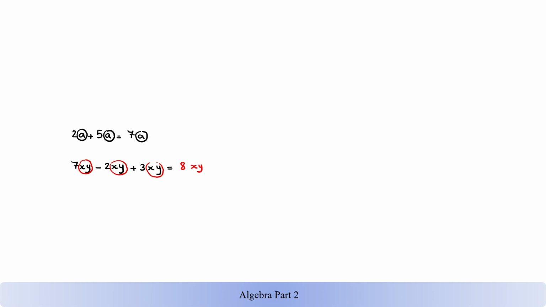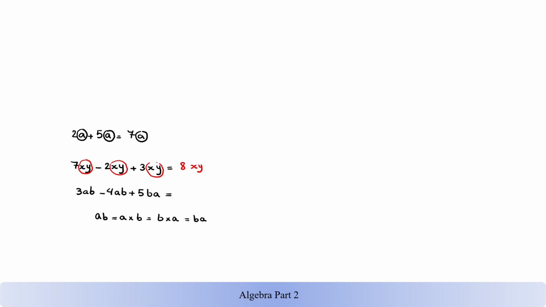Okay. What is the answer of 3ab minus 4ab plus 5ba? The point of these types of questions is that ab means a times b, and you can also write it as b times a, or ba, no matter.